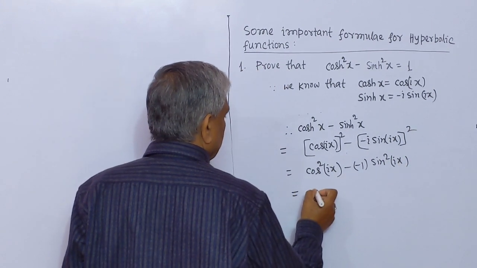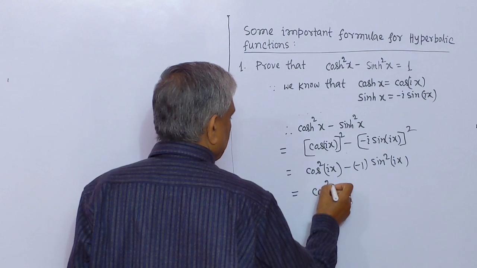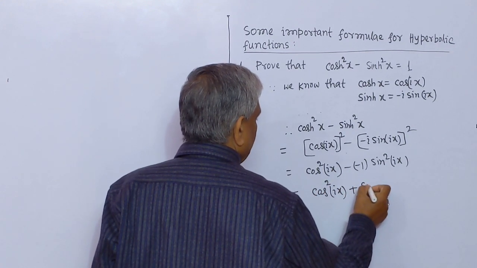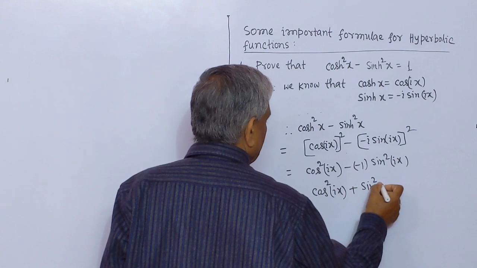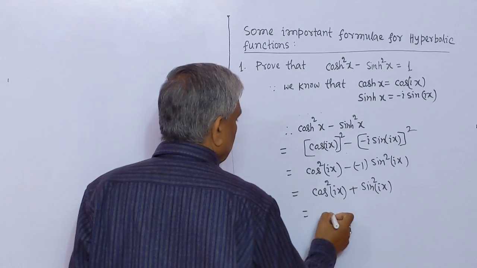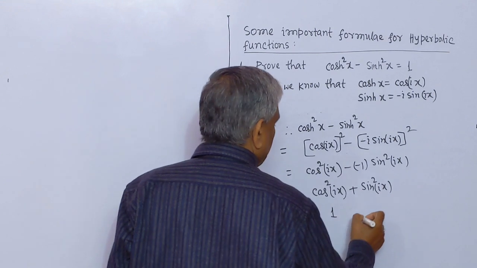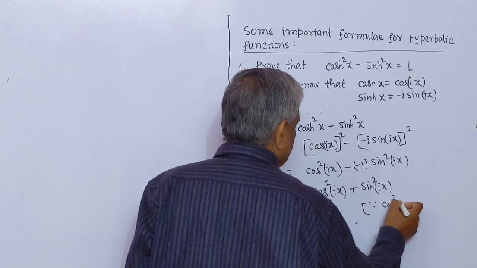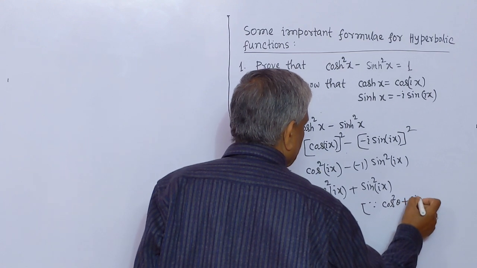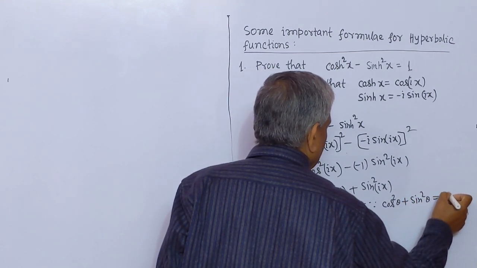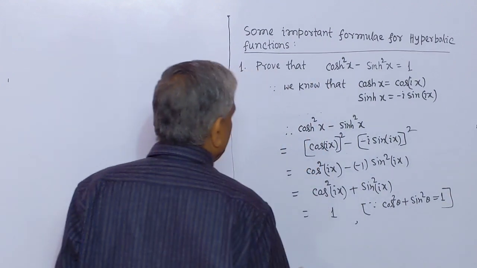This is equal to cos square ix plus sin square ix. This is equal to 1 because cos square theta plus sin square theta equal to 1, and proved.